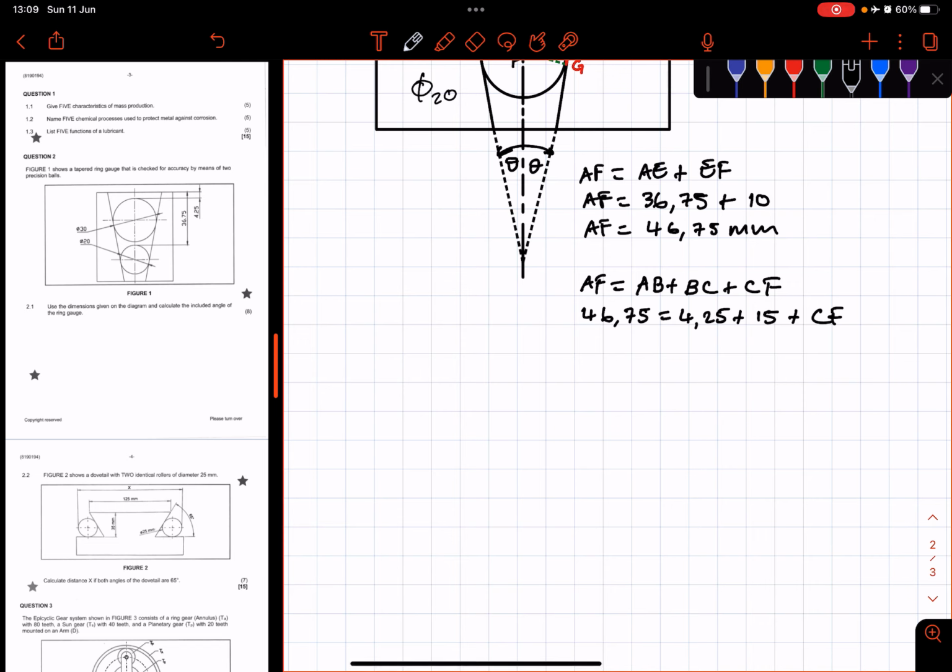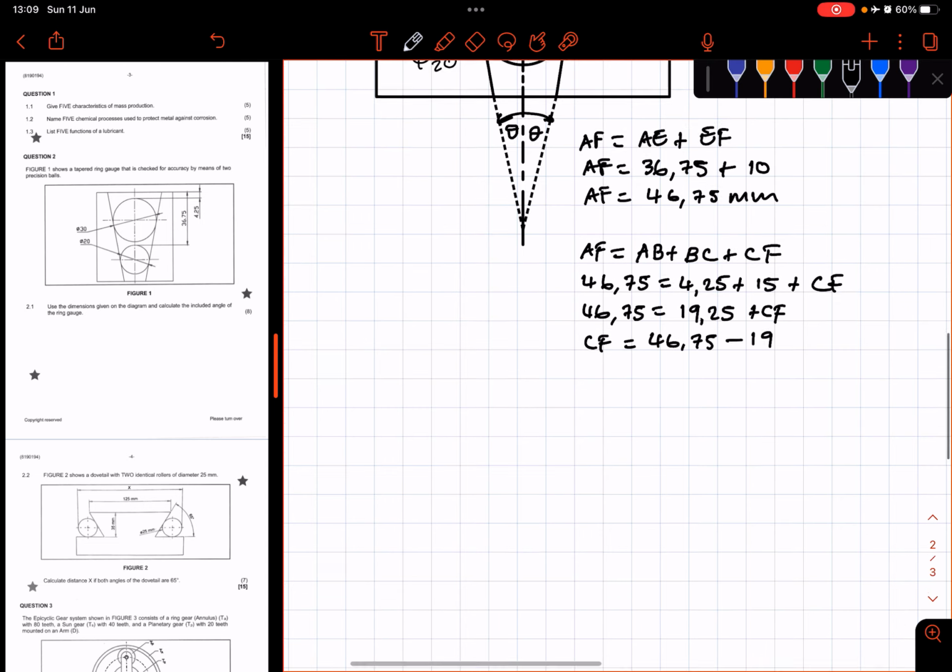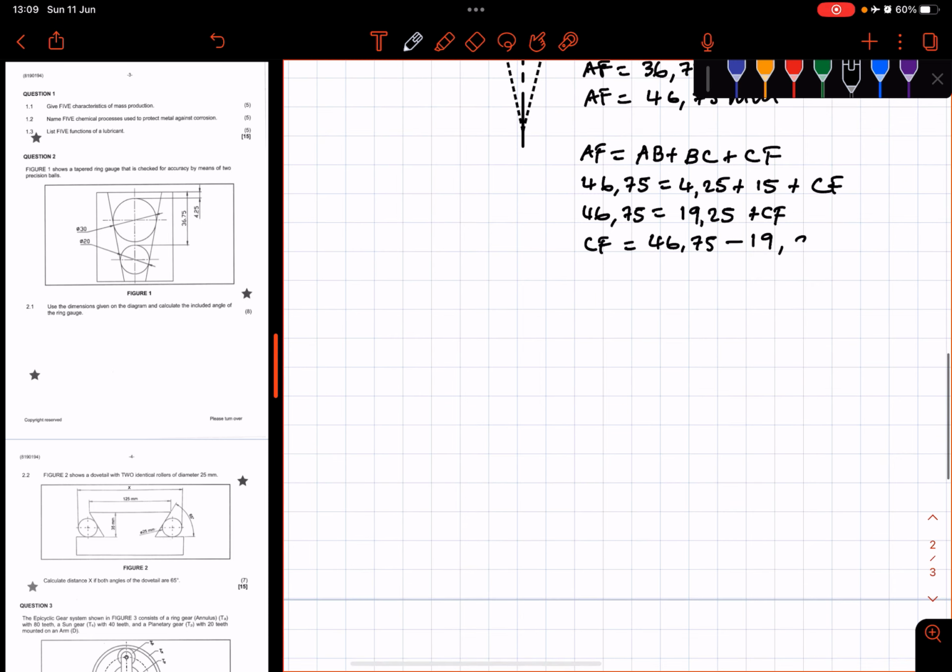Now 46.75 is equal to 4.25 plus 15, which is 19.25, plus CF. So to get CF, we simply transpose the 19.25. So 46.75 minus 19.25. So CF is equal to what?